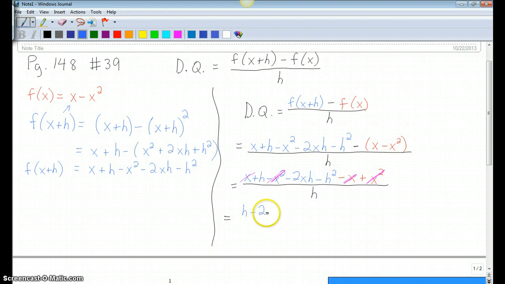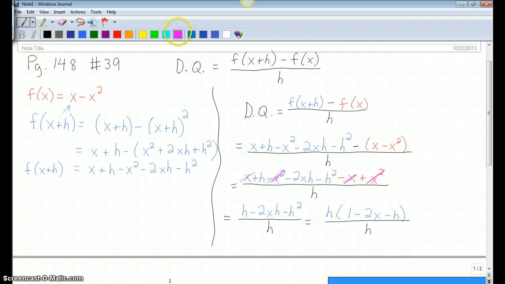h minus 2xh minus h squared over h. Now here, we're still not done yet, because if you notice, all three of our terms have an h in them. So I'm going to pull an h out front and say we have 1 minus 2x minus h all over h.